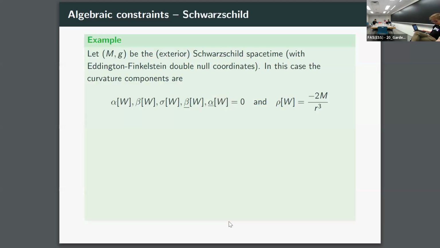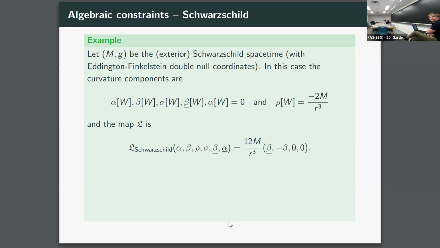To give some more concrete examples here, take Schwarzschild with the standard Eddington-Finkelstein double null gauge. In this case, the curvature components are all 0 except for rho, and rho is minus 2M over r cubed, where M is the mass parameter and r is the radial distance.